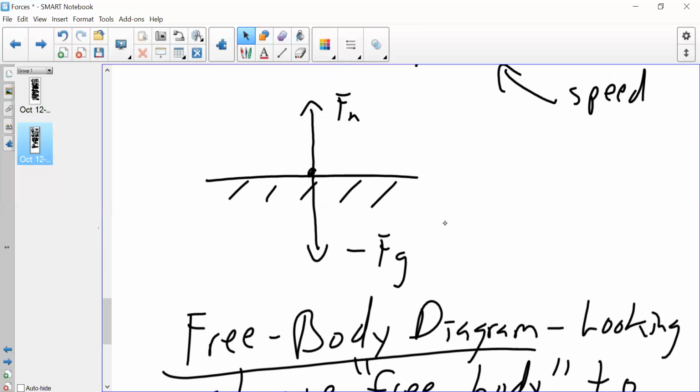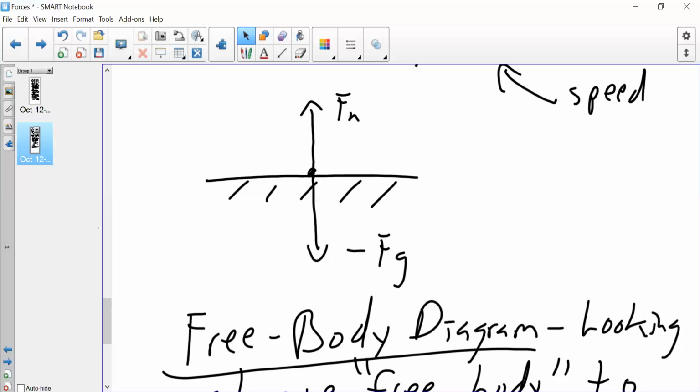So to keep things simple, if you just have an object at rest on a table, in this orientation, look, it's just right there on the table. The table is not tilted or anything. The only forces that exist are in the vertical or y-axis. Book on table, normal force points perpendicular up from the surface, and we have the force of gravity.